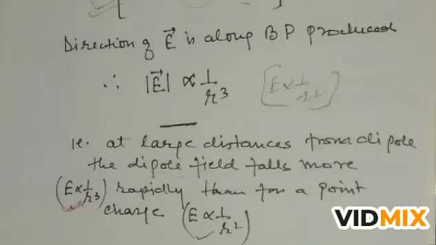And as we discussed earlier, the electric dipole has zero net charge; positive and negative cancel out.